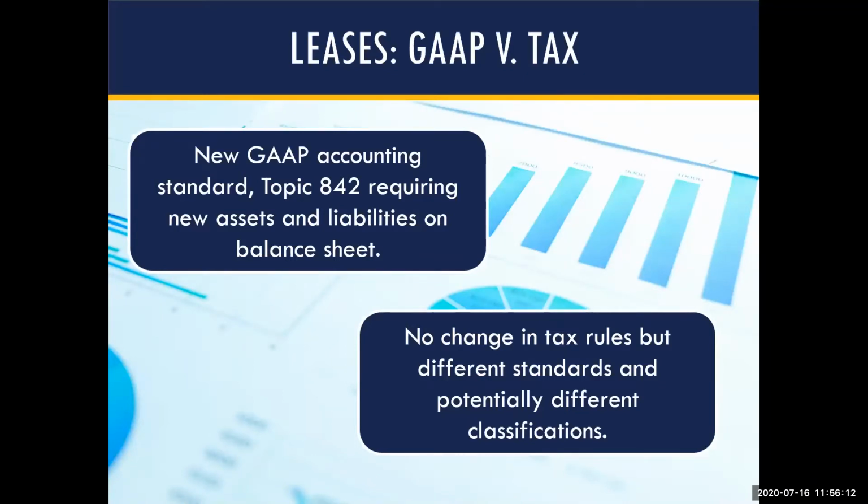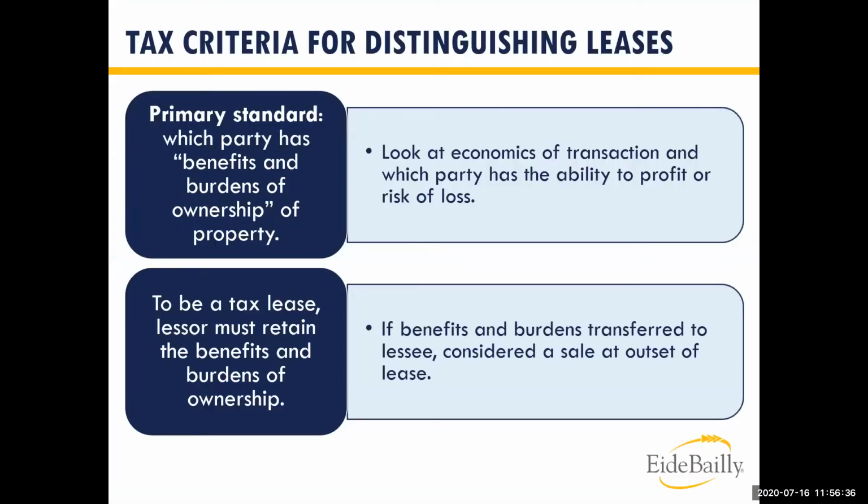These technically did not change the tax rules. We still have the same rules on the tax side as we did before. However, the interaction between these two sets of rules is an area where we see a lot of misunderstanding between our audit and tax teams. And how do we go about managing what the auditors are going to start doing?